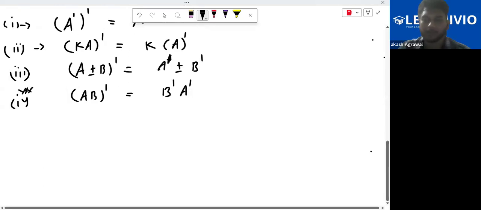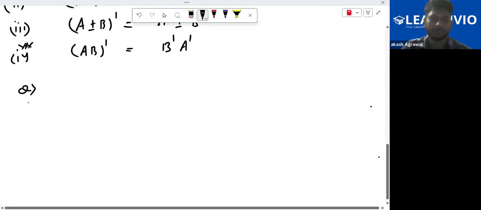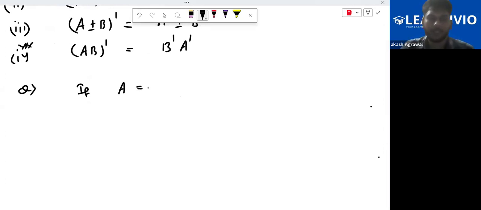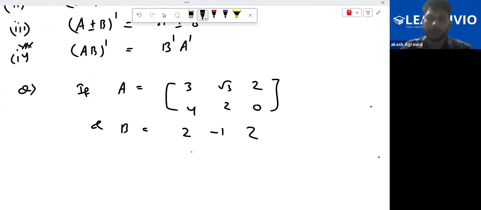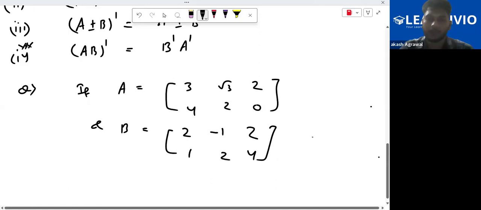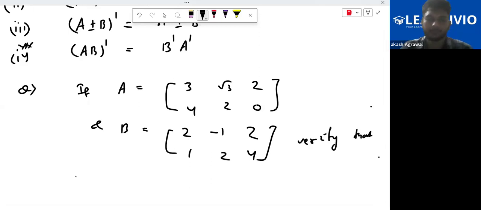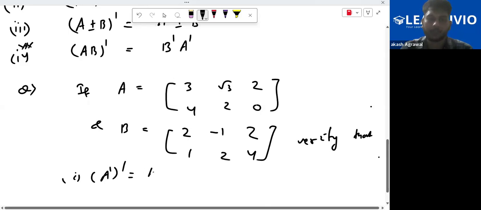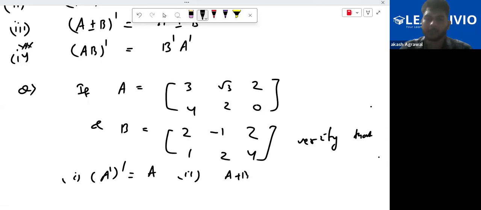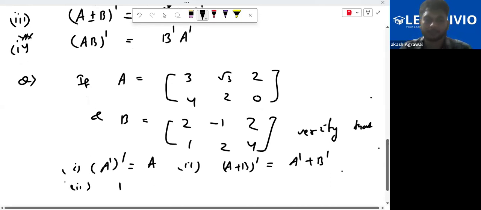Okay. One question. The question says: if A equals 3, root 3 and 2, 4, 2 and 0, and B equals 2, minus 1 and 2, 1, 2 and 4, verify that A transpose of transpose is A, that A plus B transpose equals A transpose plus B transpose, and third, that kB transpose equals k B transpose, where k is a constant.